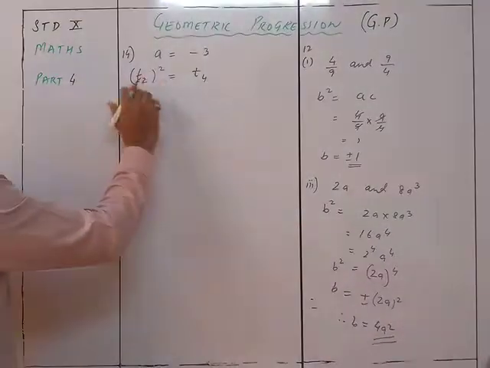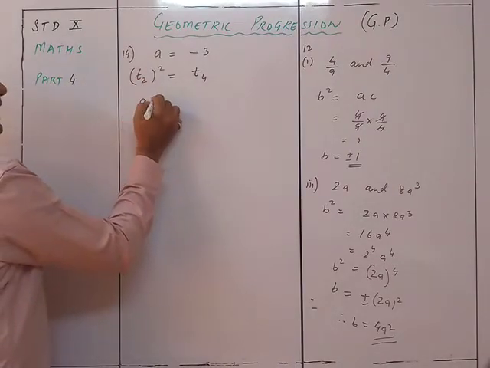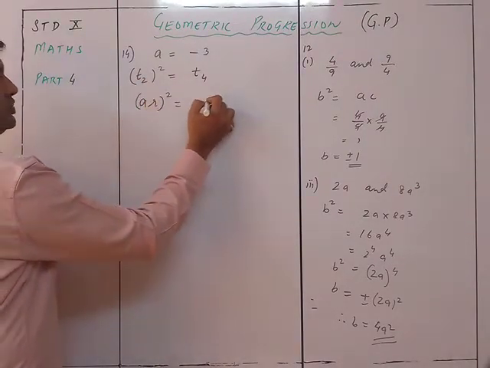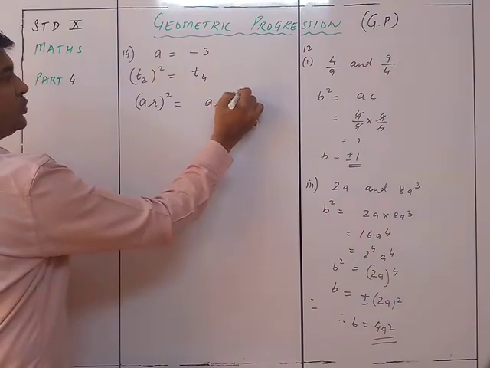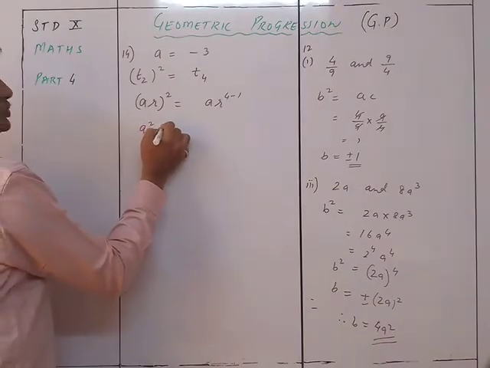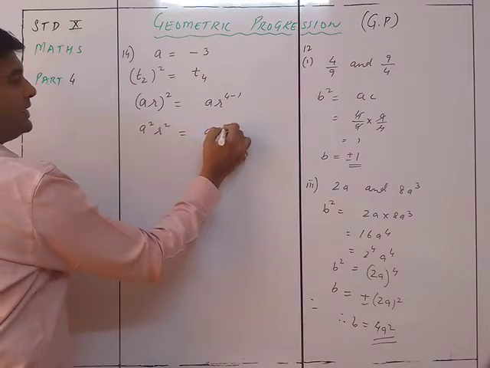You have to find the seventh term. So here we see that AR the whole square is equal to AR raised to 4 minus 1. So A square R square is equal to AR raised to 3.